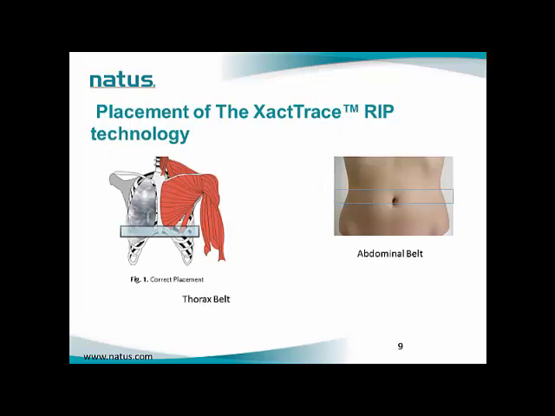It's recommended to place the thoracic rib belt on the level of the 5th and 6th ribs due to the greater radius of curvature that results in a maximum lateral expansion and better detection of the signals.